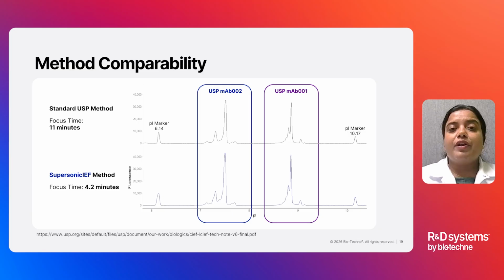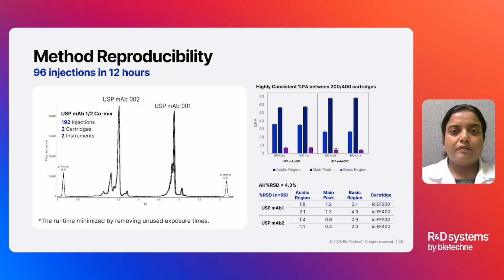The standard method required 11 minutes of focusing, while with the supersonic icIEF, you can achieve comparable separation in just 4.2 minutes, representing more than 60% reduction in analysis time. This allows significantly faster throughput while maintaining the resolution and data quality needed for charge variant analysis.